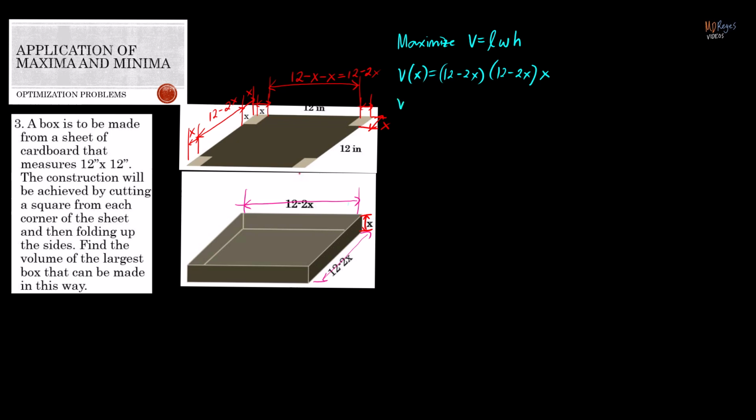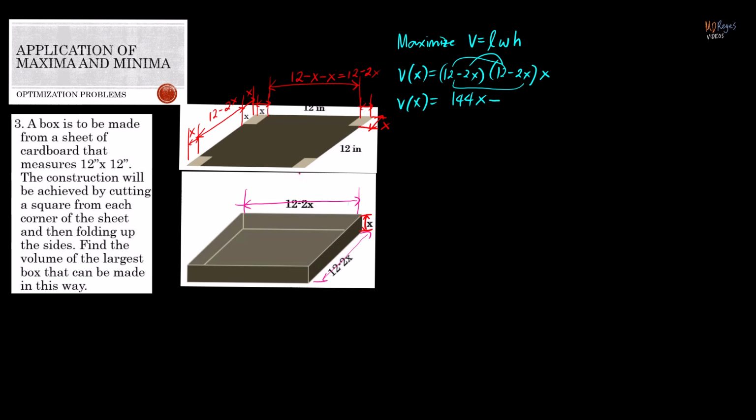Alright, we'll simplify the function first. So v of x equals, by FOIL method, 144 multiplied by x here, 144x. And then the middle outer terms give us negative 24x, and this will also give us negative 24x.